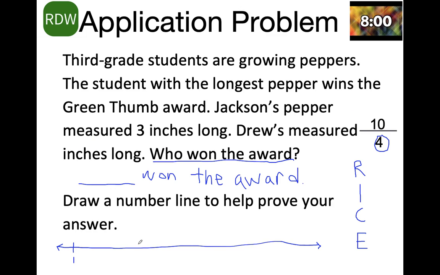So here's 1, 2, 3, and I even might go to 4, just in case. What if Drew's is bigger than 3? We don't know, right? Then you would split each of these into fourths. So just to give you guys a hint. Okay, we're going to move on to the next slide where I'm going to show you my completed number line.